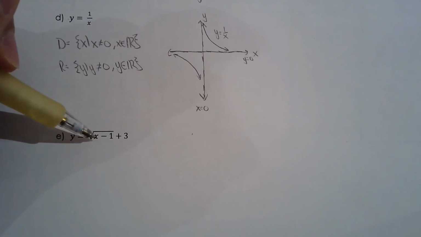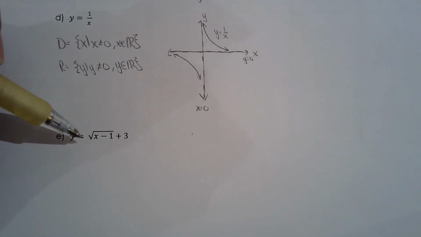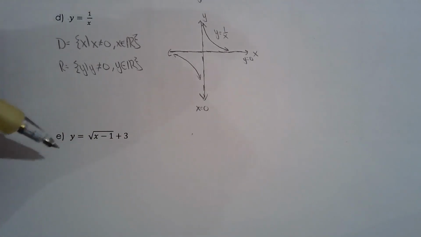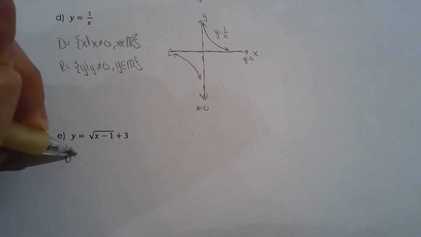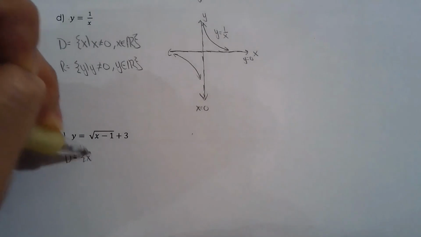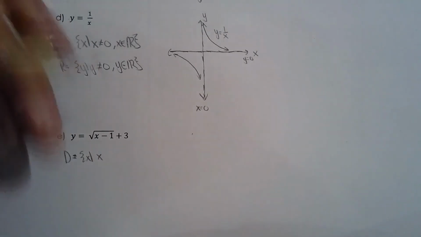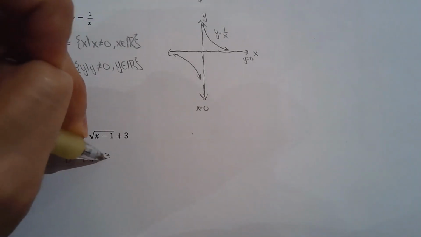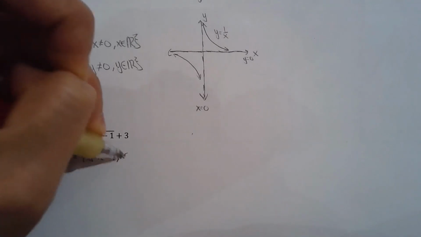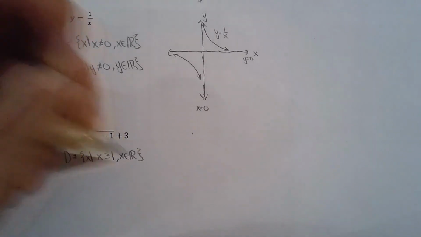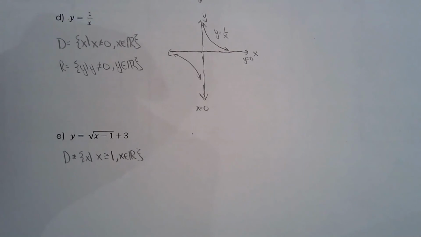So if you think about that, x has to be greater than or equal to 1, because I can't square root a negative value. If I want y to be a real number, then I don't want to square root a negative value.